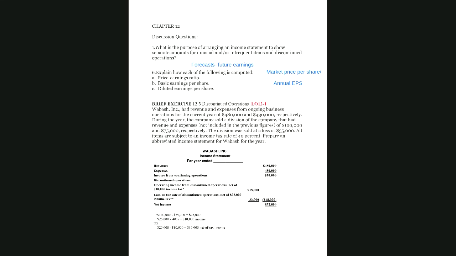I promise you, you will be using them in your personal life, in your personal investing, in your future financial accounting or business life. Price earnings ratio is basically the market price per share divided by the annual earnings per share. So you have to have the earnings per share before you're able to figure out the price earnings ratio.